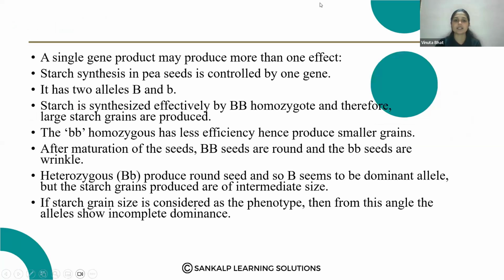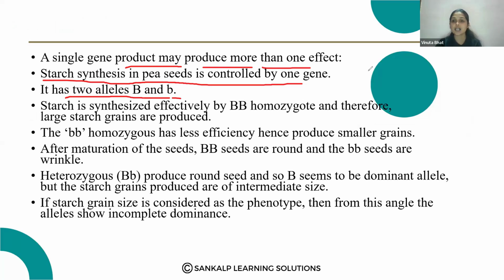And one more example is given here. A single gene product may produce more than one effect. Here, starch synthesis in pea seed is controlled by one gene. It has two alleles, B and b.